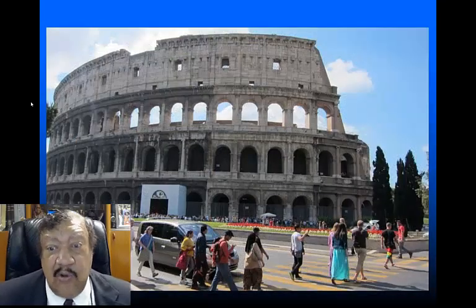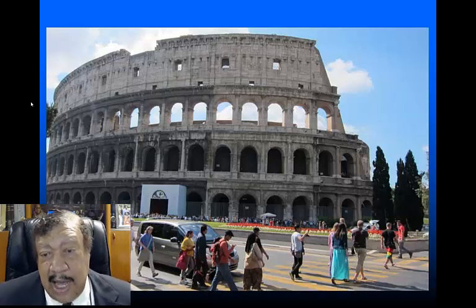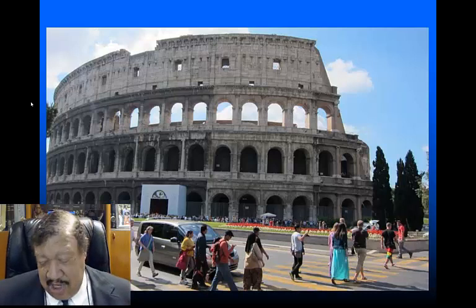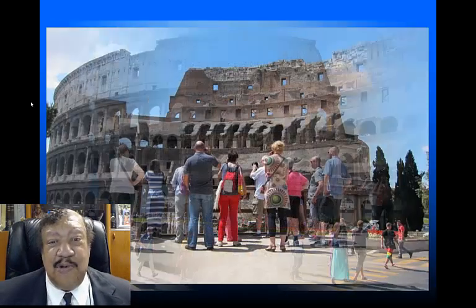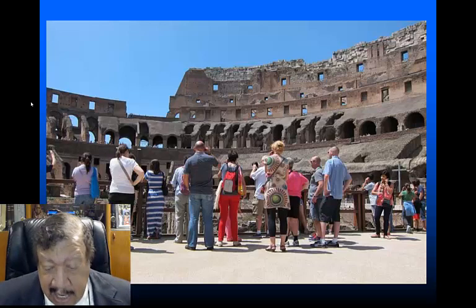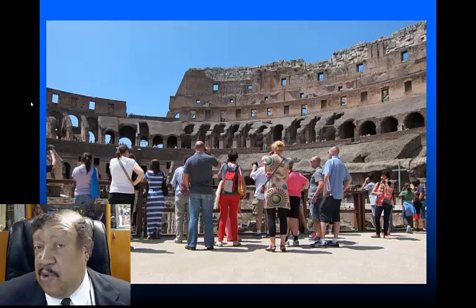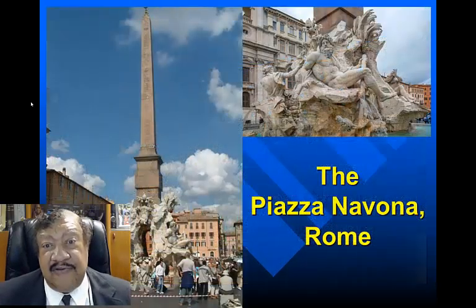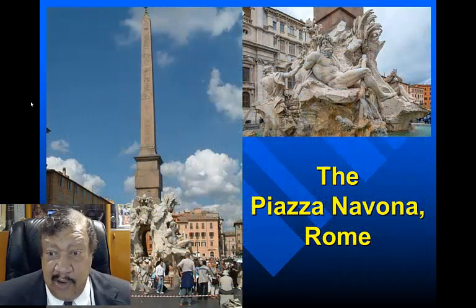I invite you to go here. Outside they have Roman soldiers who are dressed up in Roman uniforms, and you can see the aqueducts, you can see the elevators, you can see where the gladiators had to fight in this great arena.